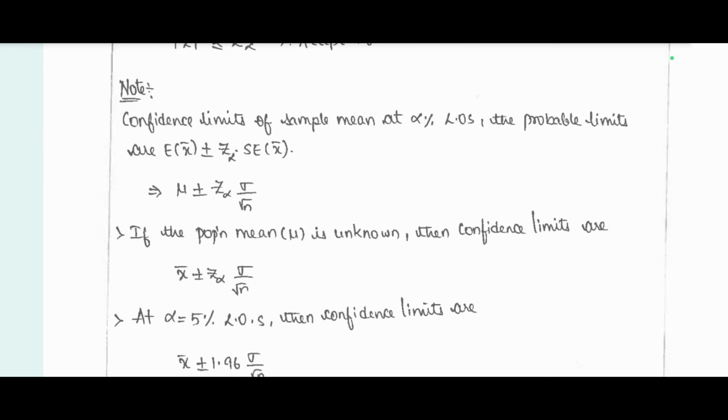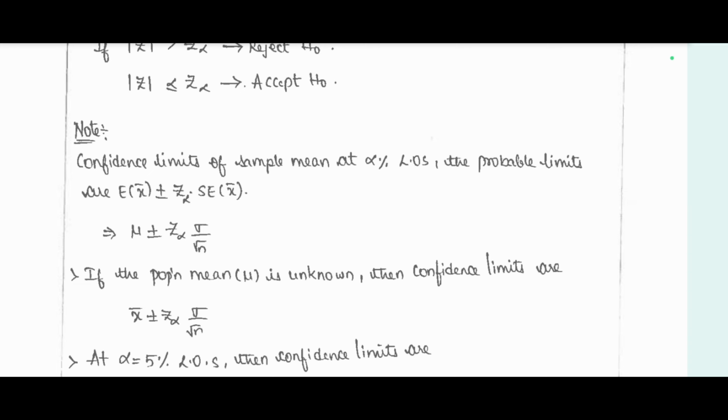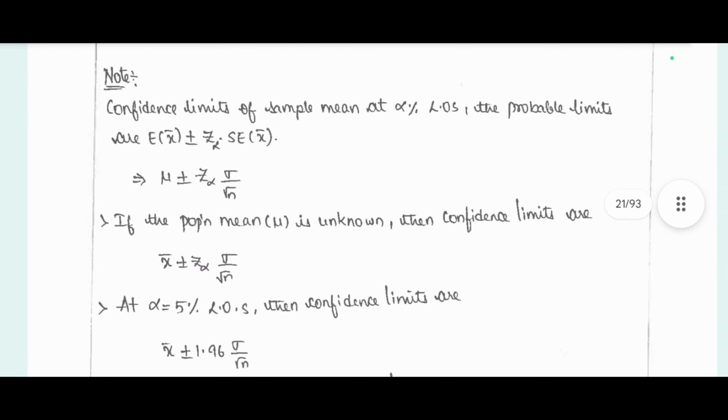Note the confidence limits of sample mean at alpha level of significance: the probability limits are expected value of x bar plus or minus Z alpha into standard error of x bar. So mu plus or minus Z alpha sigma divided by root n. If the population mean is unknown, then it is replaced by the x bar.